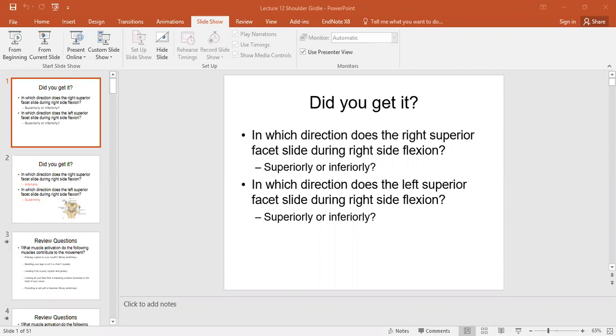Superior or inferior? Inferiorly, right? You've got a convex and a concave. My arm is moving superiorly, so the opposite motion occurs at the proximal end, so that is inferior.